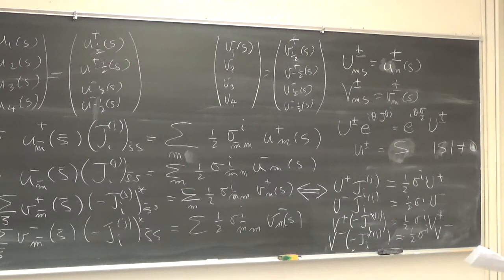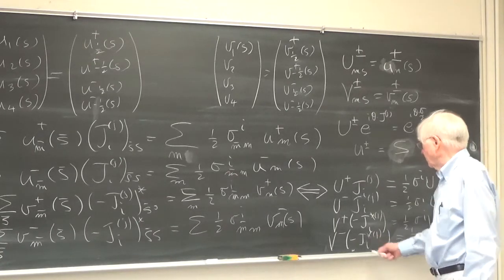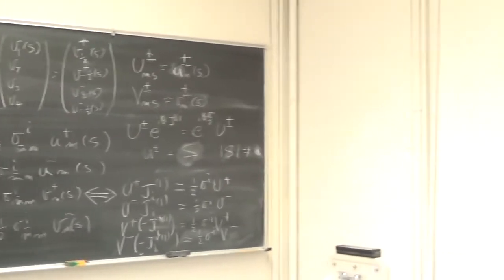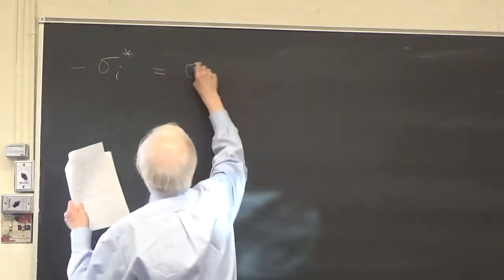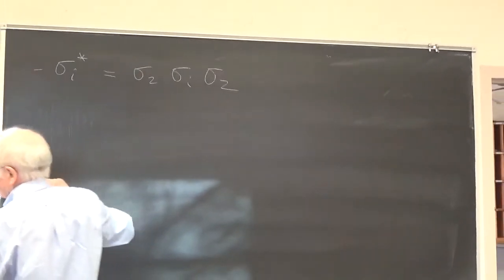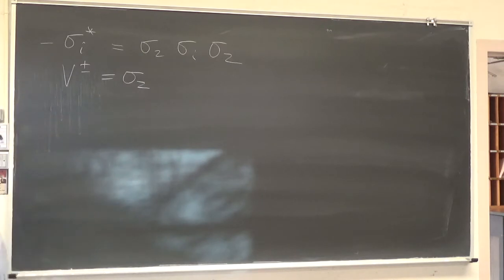And then for V, since this is 2 by 2, the V relation is effectively minus sigma_i star, and we know that that's sigma 2 sigma_i sigma 2. So V plus or minus is proportional to sigma 2.